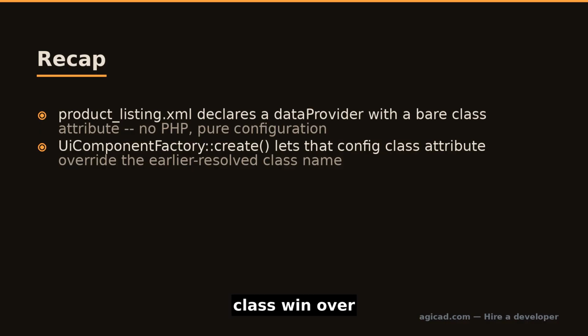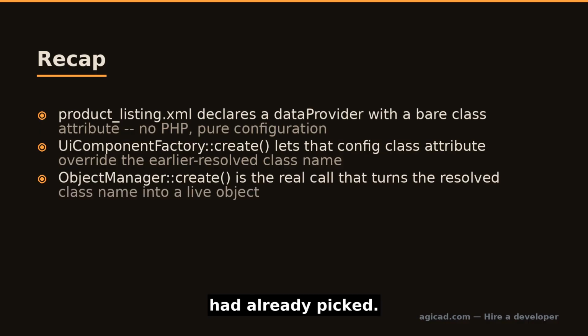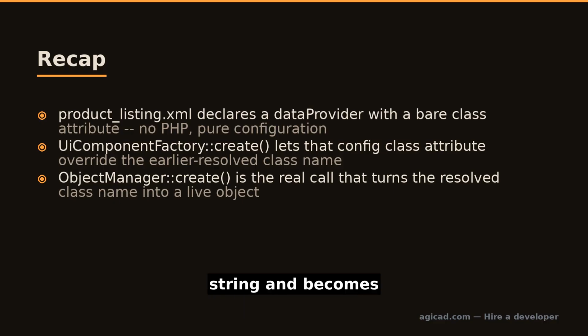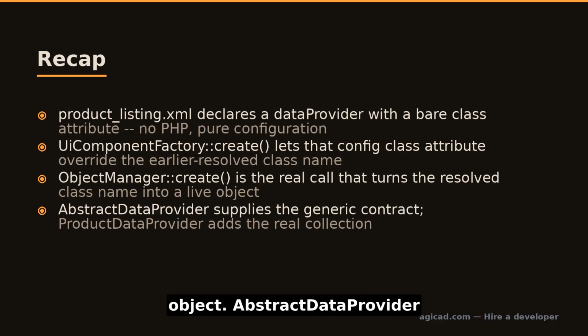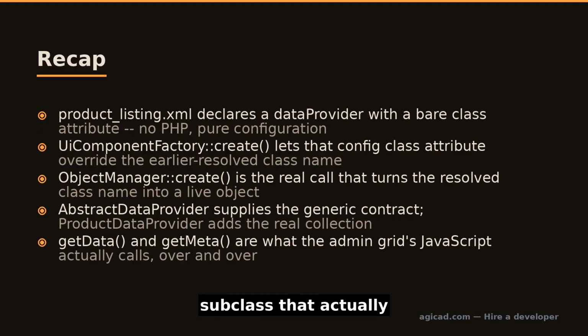ObjectManager's create call is the exact point where that resolved class name stops being a string and becomes a live, constructed object. AbstractDataProvider supplies the shared, generic contract every data provider needs, while ProductDataProvider is the concrete subclass that actually builds a real product collection. And getData together with getMeta are the two methods the admin grid's own JavaScript keeps calling, over and over, as an admin scrolls, sorts, and filters the real product list.